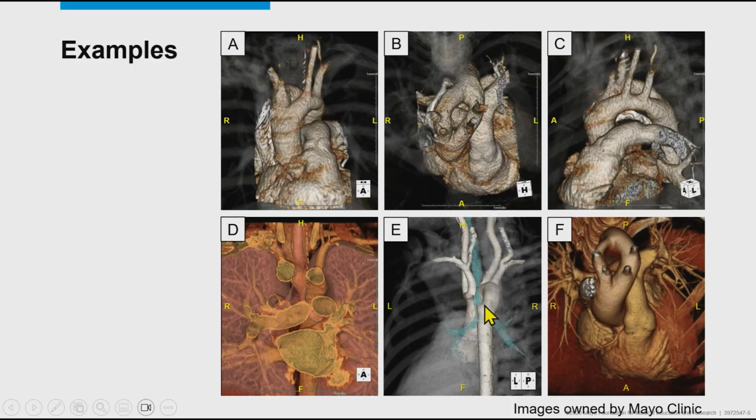That's where there is another ligament in between the left subclavian artery and the descending aorta. So that's where an atretic segment of the double aortic arch exists, and that's another ligament that the surgeons will have to transect at the time of surgery.